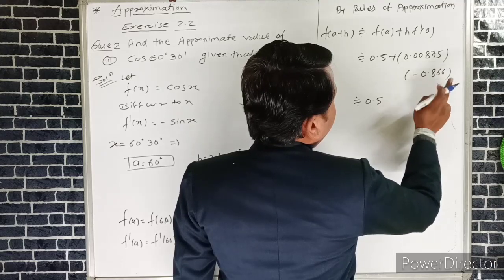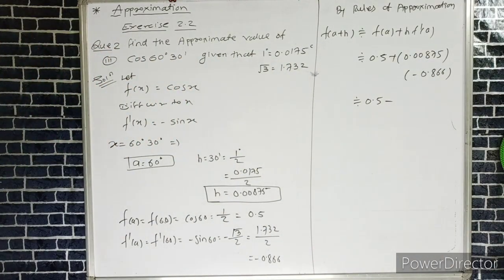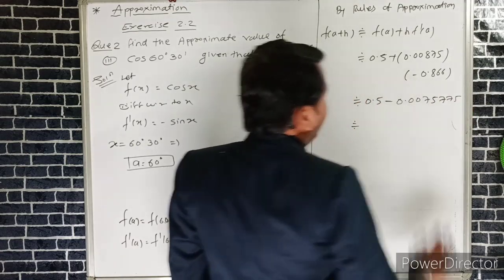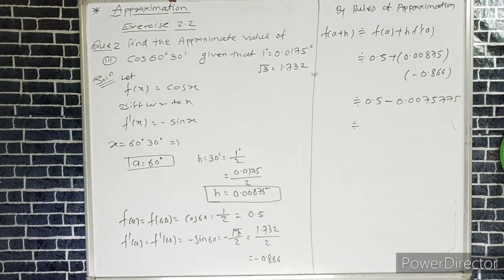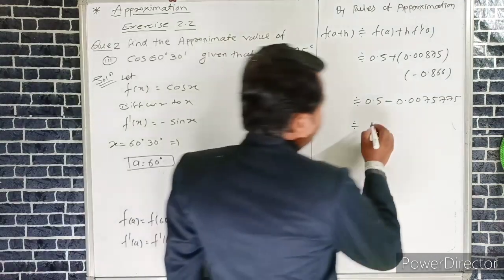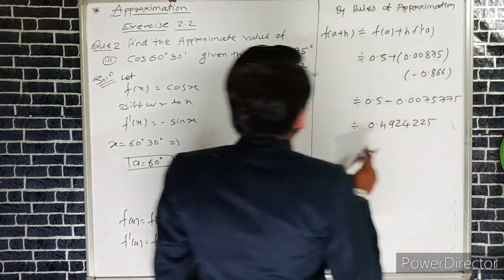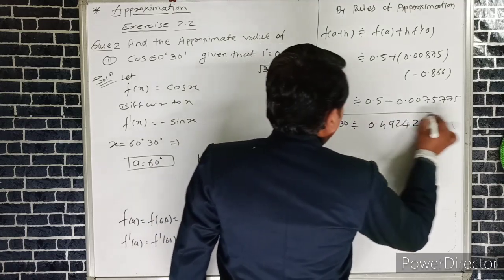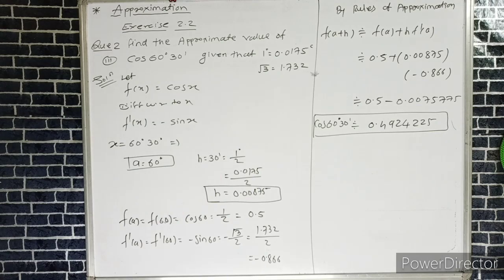The product of 0.00875 into 0.866 is 0.0075775, and since minus into minus gives a plus sign in the subtraction, we subtract 0.0075775 from 0.5, which gives 0.4924225. This is the required approximate value of cos of 60 degree 30 minutes, when 1 degree is 0.0175 and root 3 is 1.732.